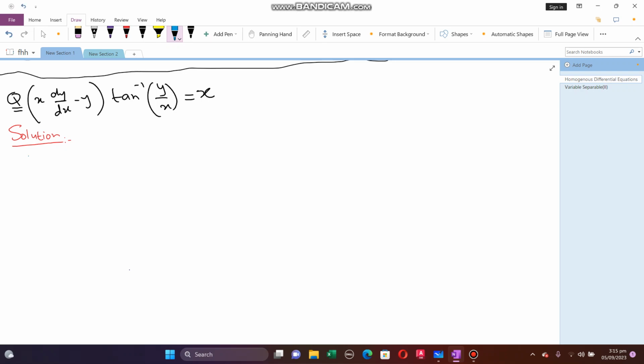So let y equal vx, which proceeds as dy by dx is equal to v plus x dv by dx. We need to apply the product rule over this. So we're going to plug the whole thing in here.